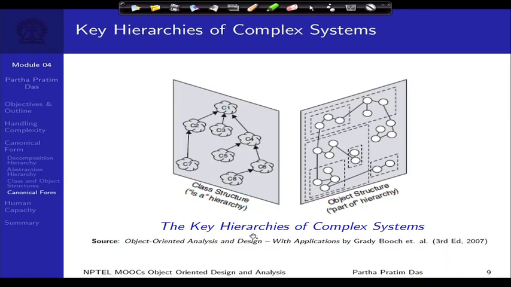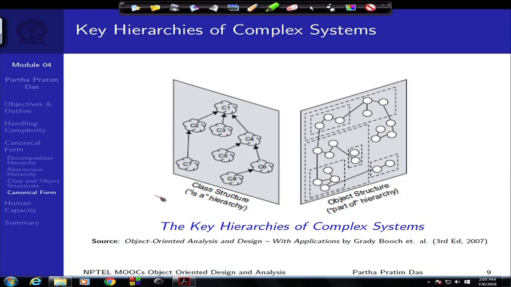So, this is a very nice diagram from the textbook that I have recommended to you, Booch's textbook, and you can see very clearly that here the two different axes are being shown. This is the axis of abstraction and this is the axis of decomposition. We are looking at the same system. If we look at the same system along this axis, then what we are saying is there is something like class C1, a concept which is the CPU.